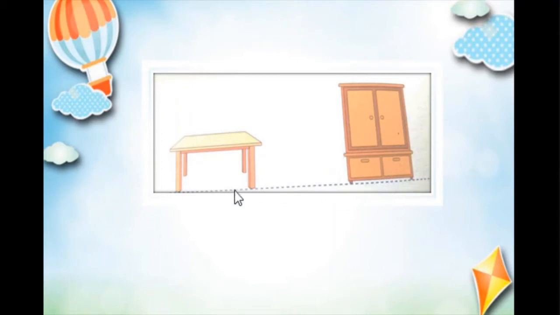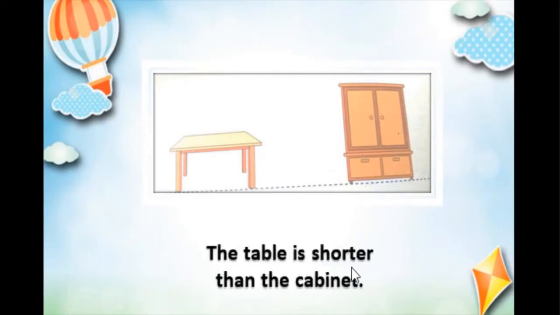Okay, very good. We can say that the table is shorter than the cabinet. The table is shorter than the cabinet. That gives us the idea that the cabinet is taller than the table.